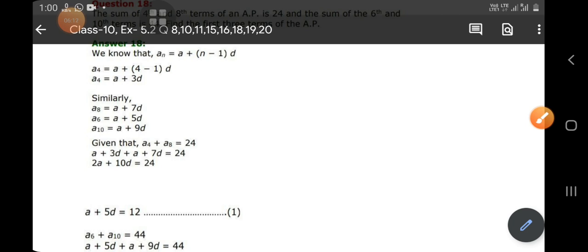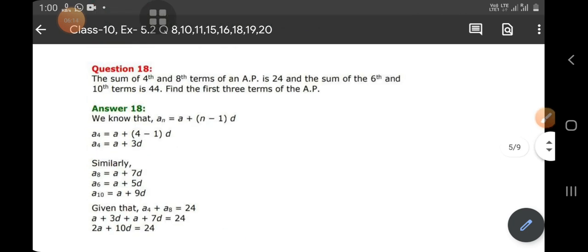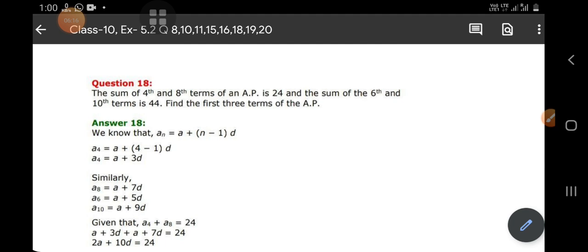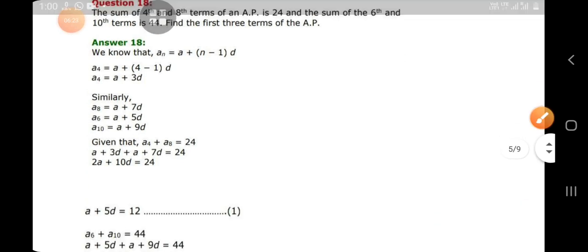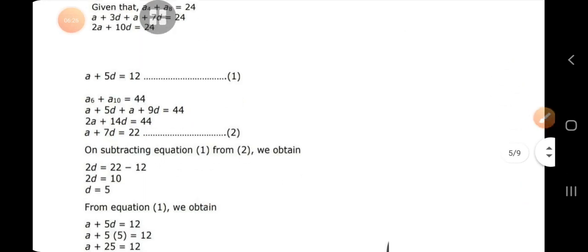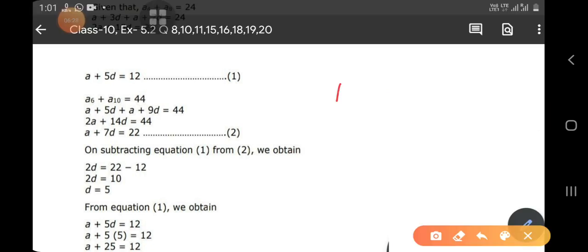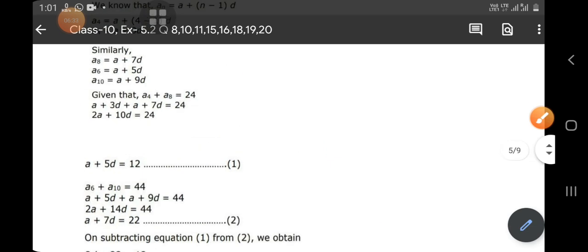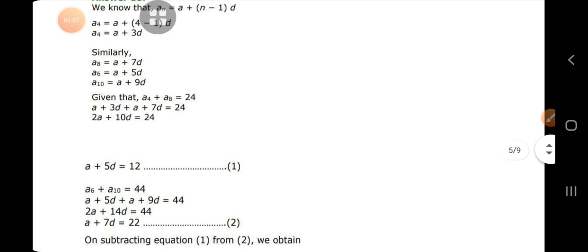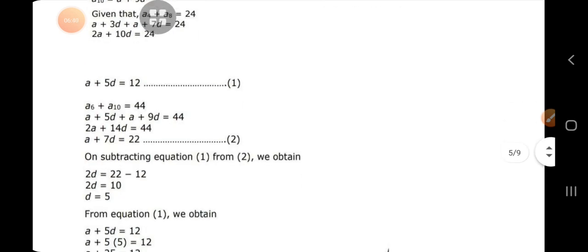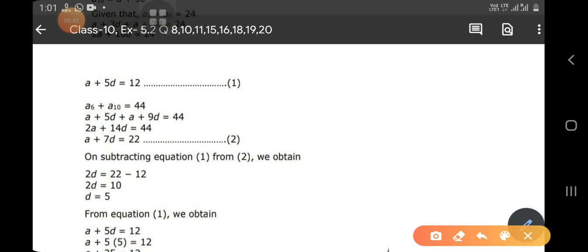Now we will take the other condition, that is the sum of the 6th and 10th term. Look at here, the sum of the 6th and 10th term is 44. It means a6 plus a10 is equal to 44.